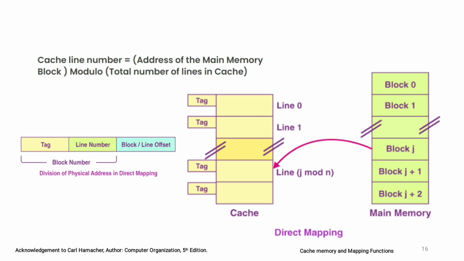Hence there are 4 cache-sized partitions in main memory. The first partition is 0, 0, the second is 0, 1, the third is 1, 0, and the last one is 1, 1. This is the tag bits. If 4 cache-sized partitions in main memory can be made, the bits reserved to identify them are called tag bits. This is how physical address division is done in direct mapping.